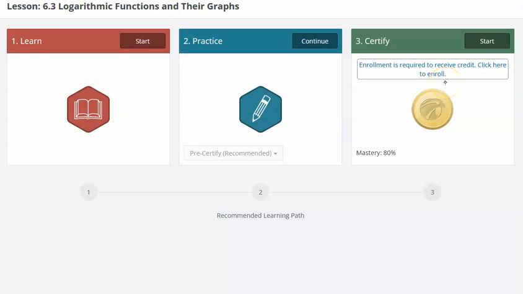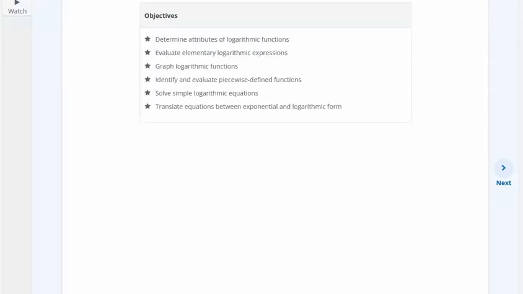Going on now to topic 6.3, logarithmic functions and their graph. We'll go to our first slide, take a look at the topics to be discussed, take a moment to read them, and we'll go on.